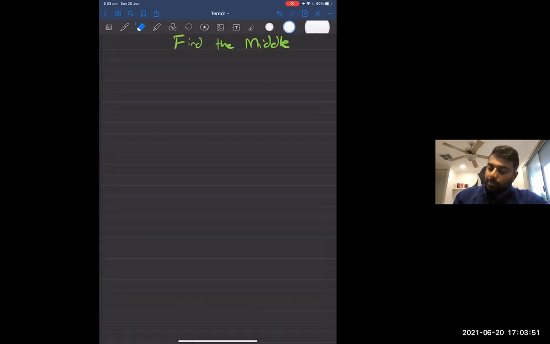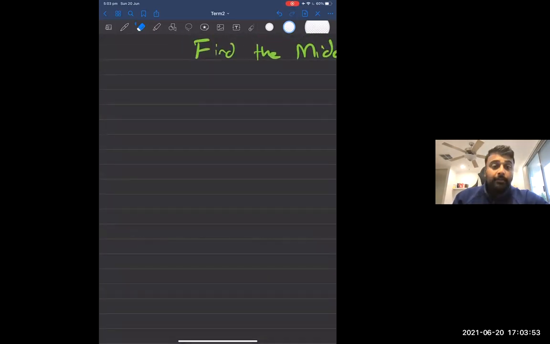The way find the middle works is like this. You're given a series of images. I'm going to use numbers so it's much easier to understand. Let's just say you've got 4, 2, 5, 3, 1.